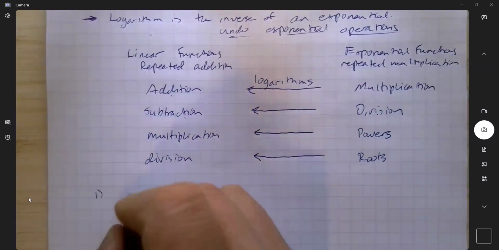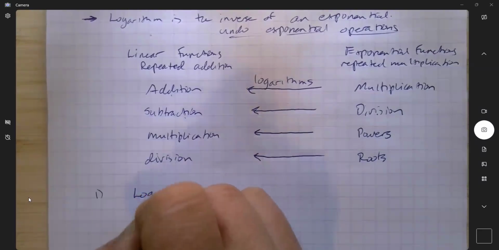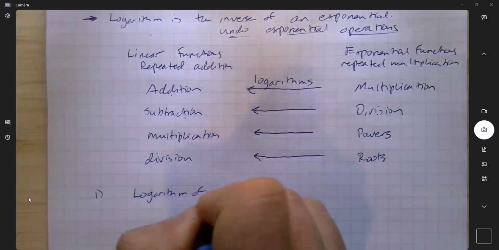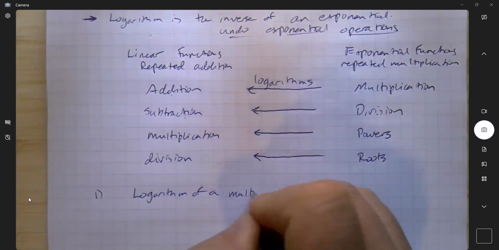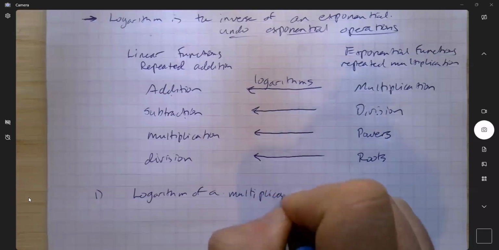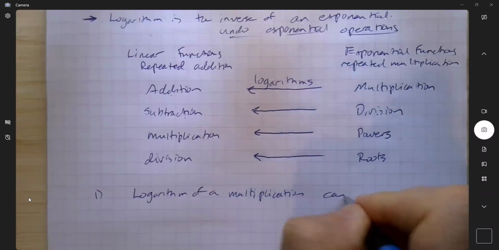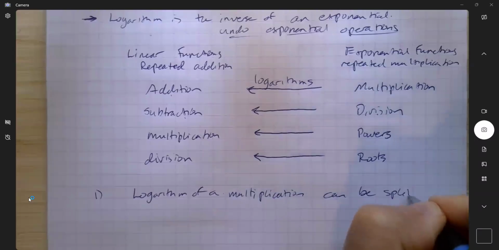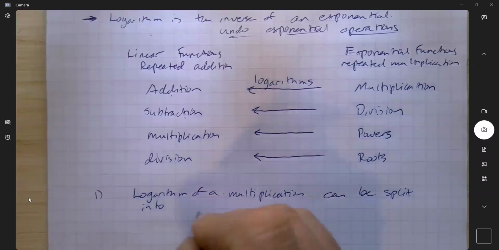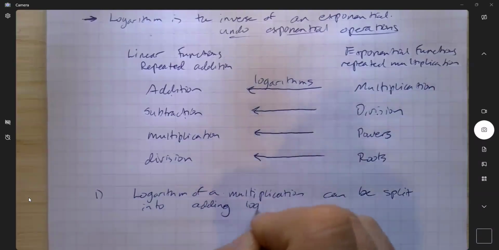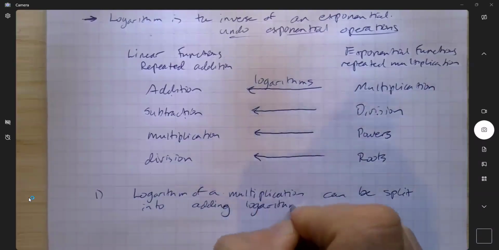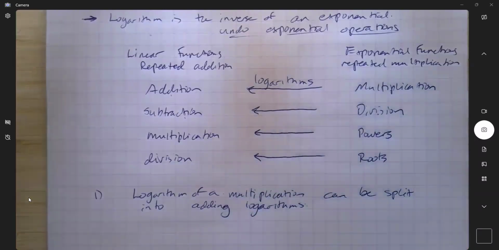So rule one, the logarithm of a multiplication can be split into adding logarithms.